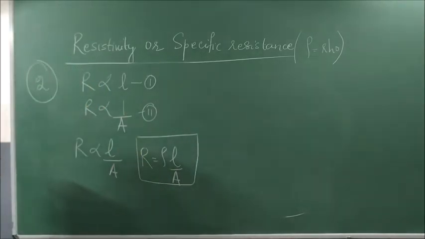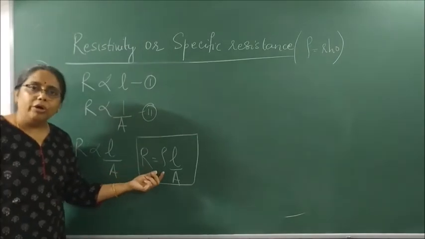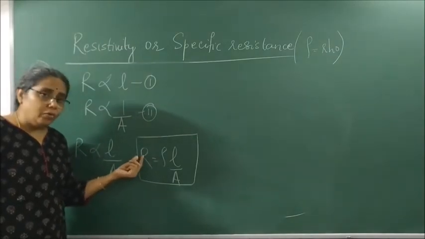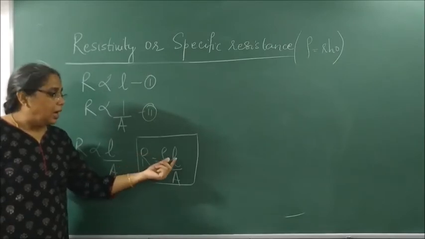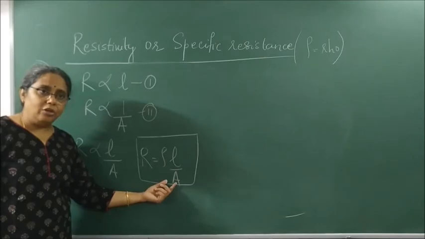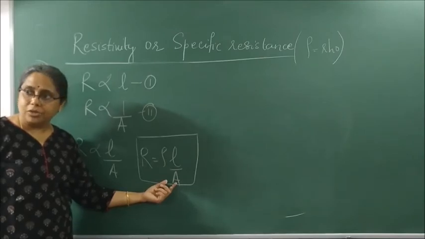This rho is specific resistance or resistivity. R is resistance in ohm. L is length of the conductor in meter and A is area of cross section in meter square.